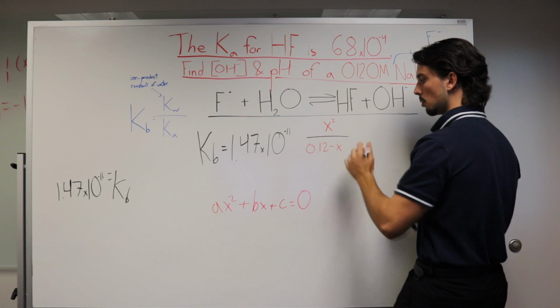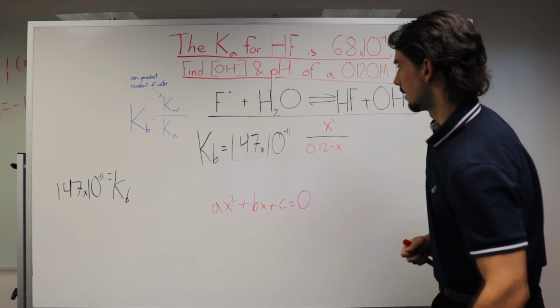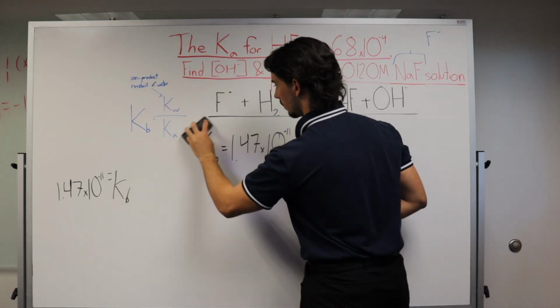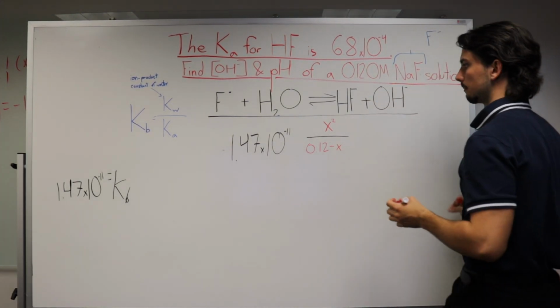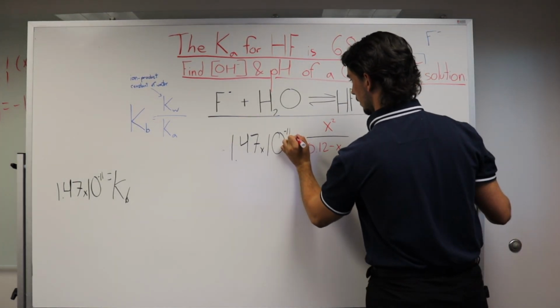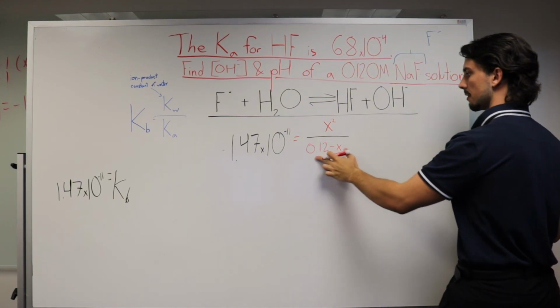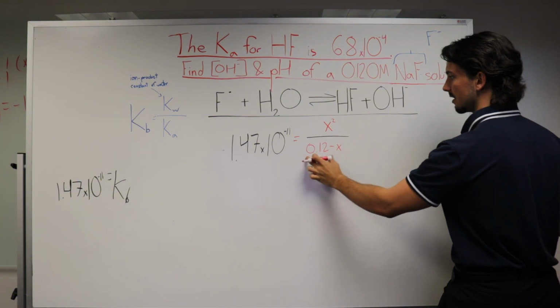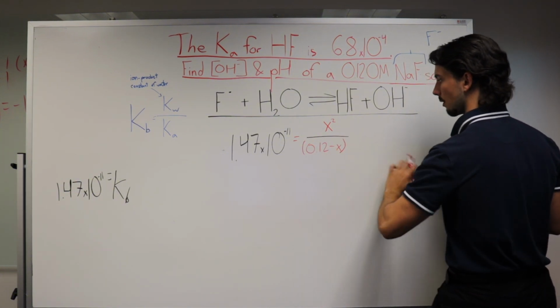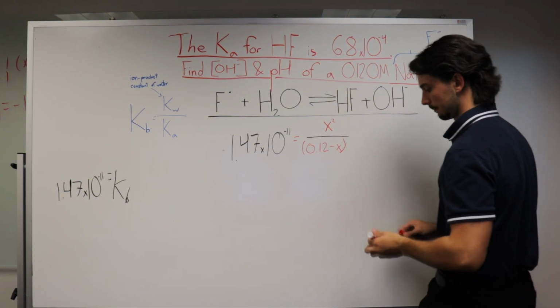Set everything equal to 0. So the first thing that we can do, this is equal to x squared divided by 0.12 minus x, is just multiply both sides by this amount to get rid of the denominator.